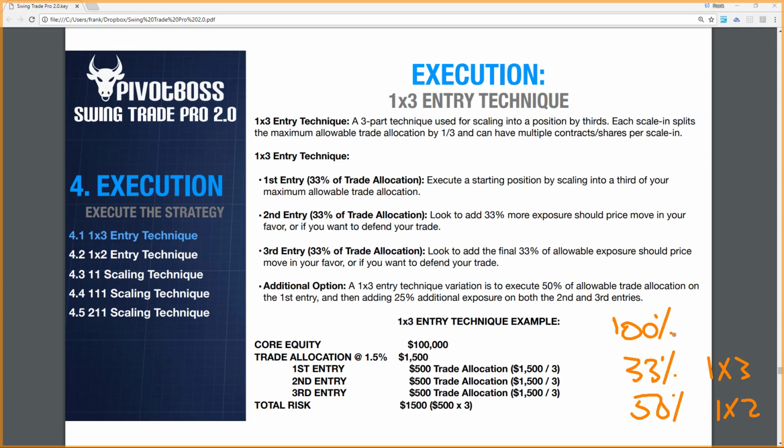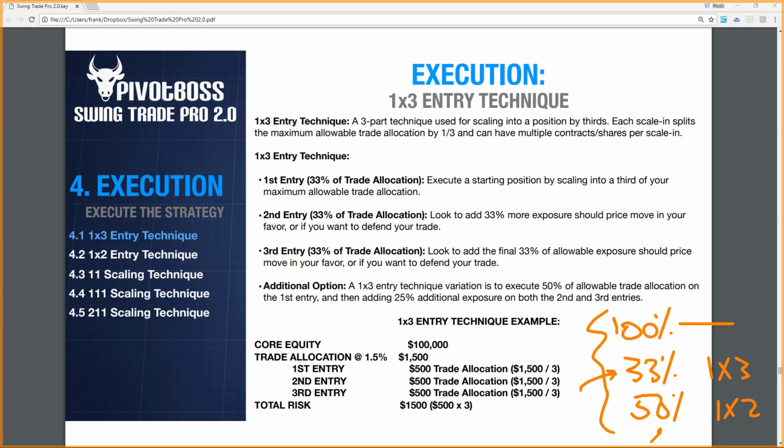But again, you can scale in 5 times if you want to. You can scale in 10 times if you want to. I think that's a little unnecessary overall. I mean, you could go 4 times or 5 times, whatever the case is. But for the most part, I like having 3 options. You're either going in full size, you're going in half size, or you're going in a third. And then if the trade warrants such, you will then add that additional exposure.